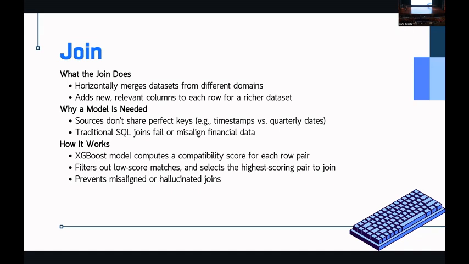And how we do that is we have different sources, and they don't have perfect keys, so we can't use a normal join operation. So that was where an XGB model comes into play, where it computes the compatibility score for each row pair combination. And we filter out the low scoring matches and select the high scoring pair to join.